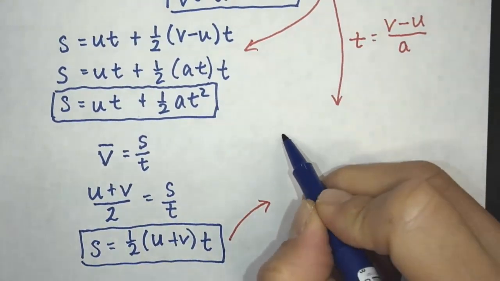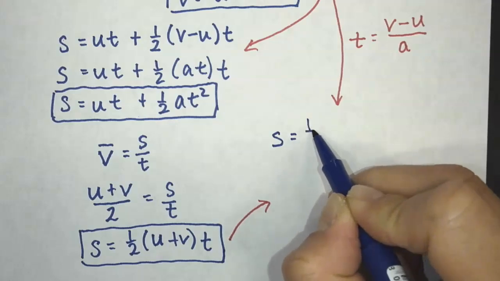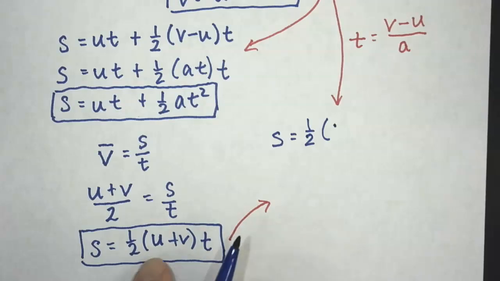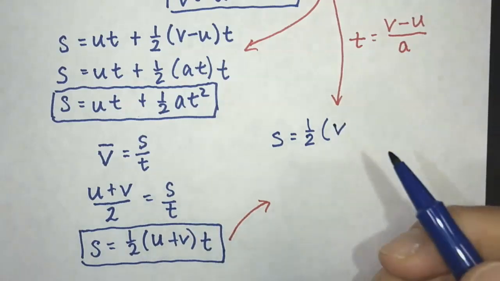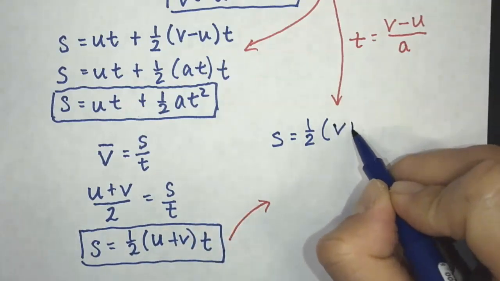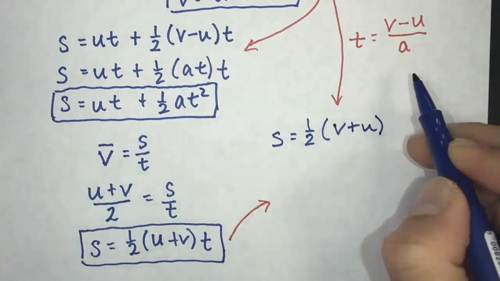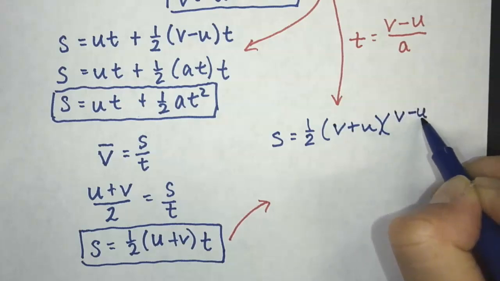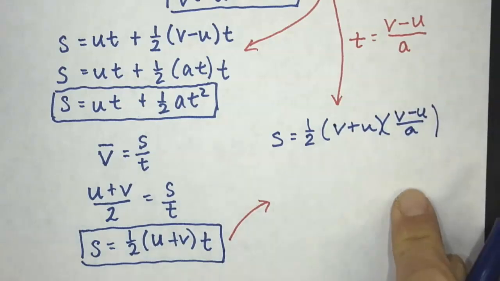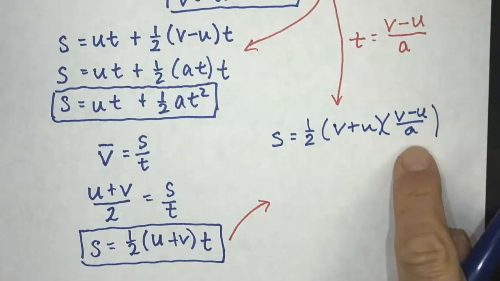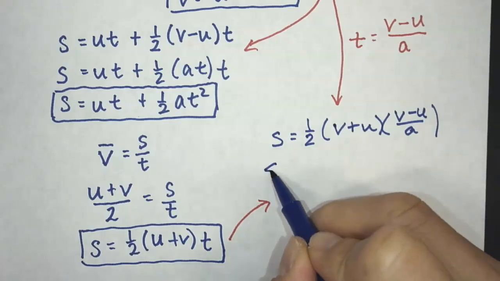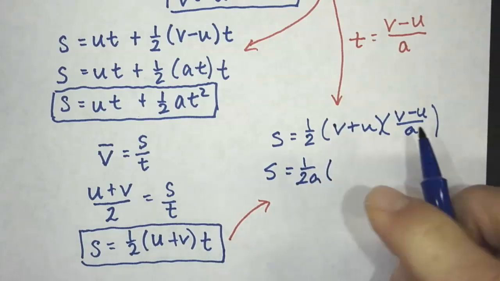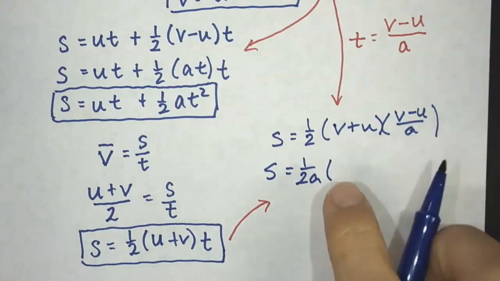And now we have the displacement is equal to 1/2 times, and I'm going to just flip the U and V. Instead of U plus V, I'm going to do V plus U times, and then the T right here, I'm going to substitute with this right here, V minus U divided by A. Okay. So I'm going to factor out the A right here so that it becomes 1 over 2A, and then we're going to multiply, do a little FOIL here.